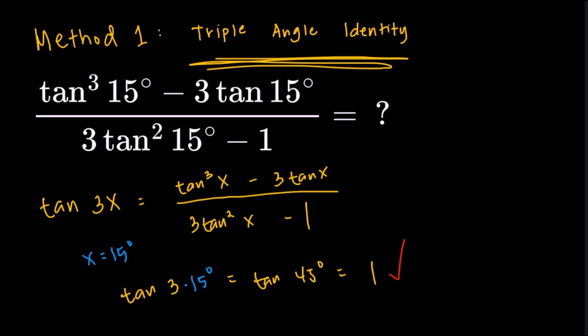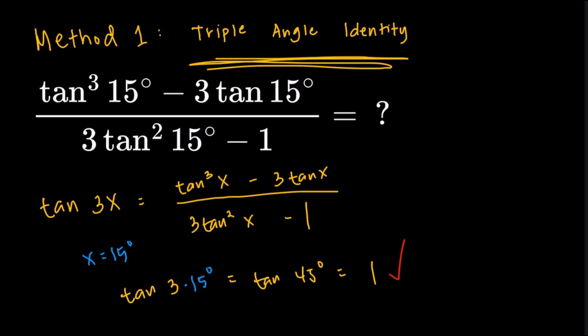But not everyone knows the triple angle identity, and you typically don't want to substitute tangent 15 into it, so we might try the second method, which is to use the half angle identities.